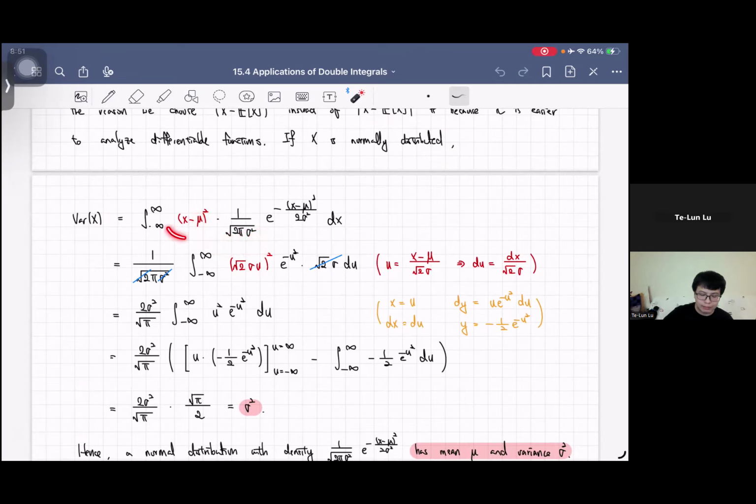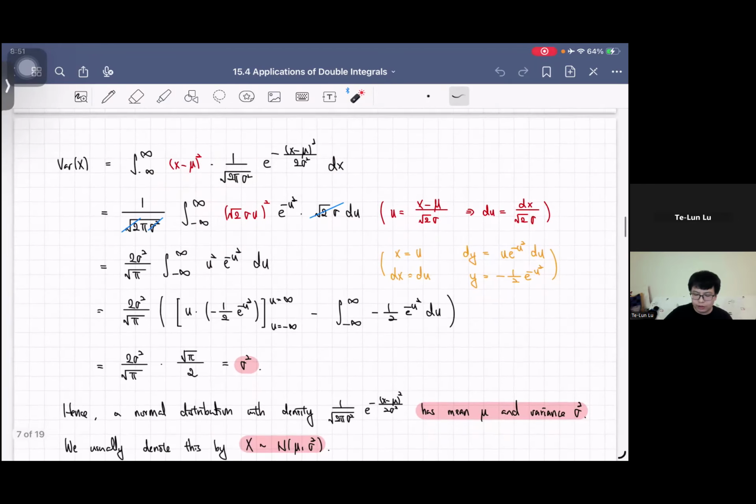So I want to show that x minus mu squared times this guy can be evaluated to be the variance of x. So again, we perform the usual trick. We take u to be x minus mu divided by root 2 sigma, and we get the corresponding differential. And now the first term here is actually root 2 sigma u. So we simply multiply this back here. And we have e to the minus u squared, which is the integrand here.